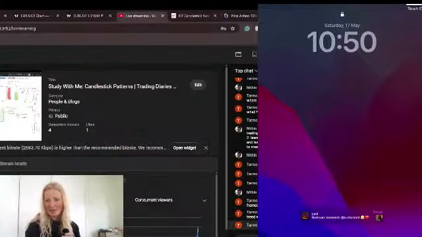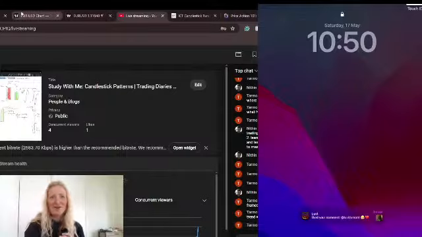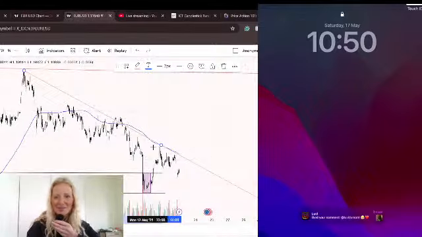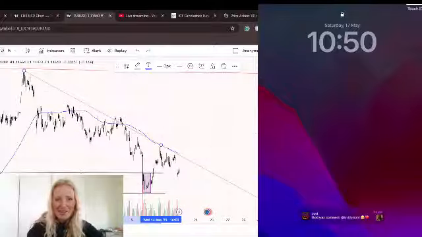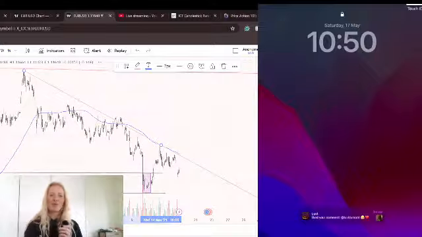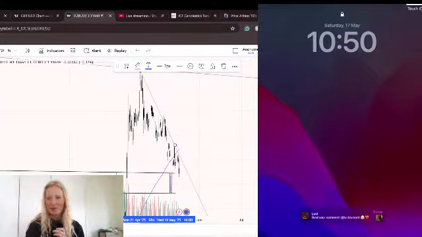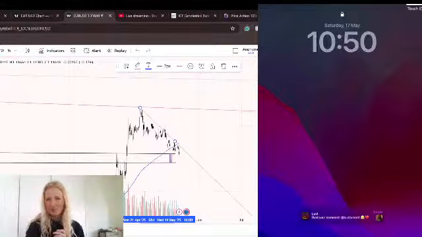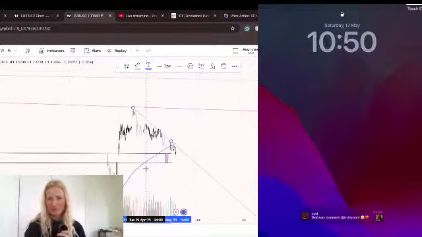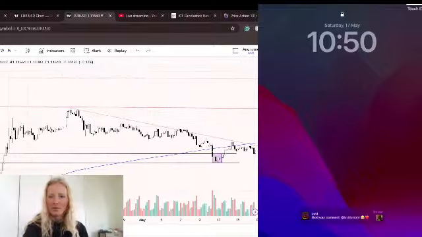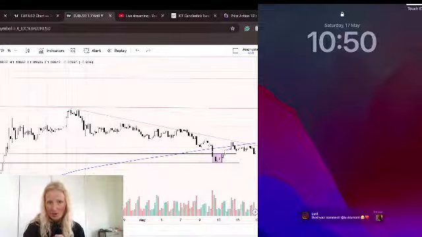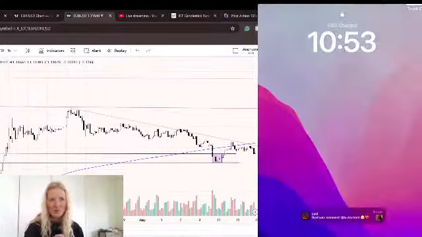4 hour and 1 hour. Okay, let's just do some trend lines. You can give me feedback. So let's start with the 4 hour and then we go down to the 1 hour. So this is 4 hour.